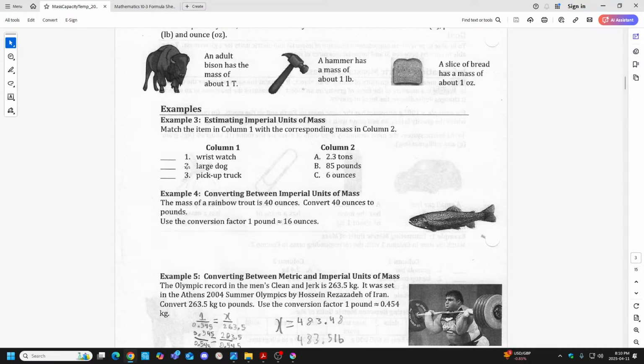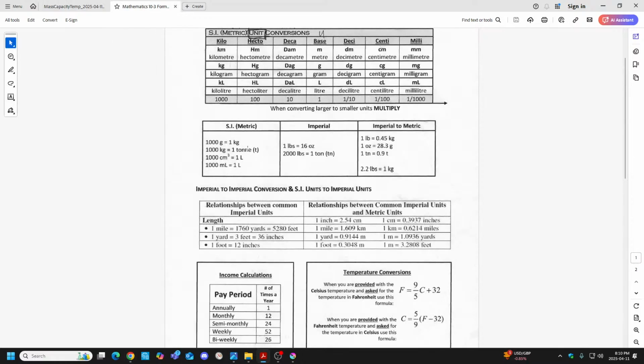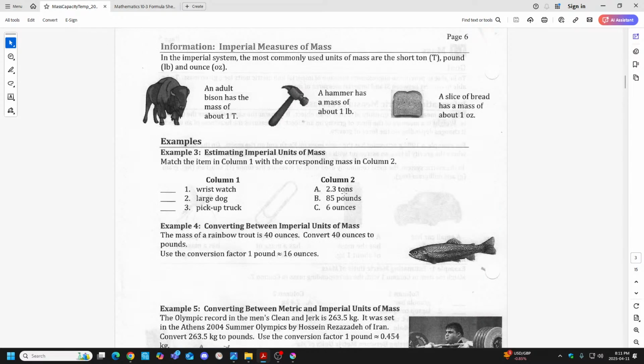B for number 2. And tons, right? So when we talk about a ton, if you have this sheet, hopefully you do, a ton is 2,000 pounds. In this case, it's 2.3 tons, right?